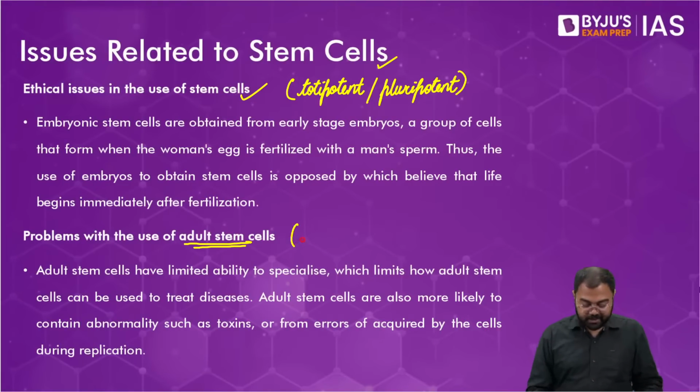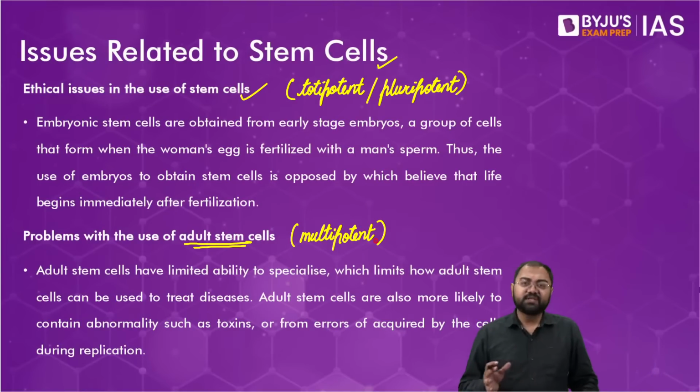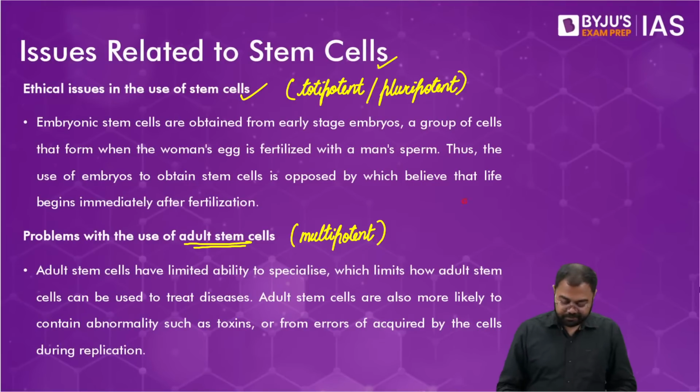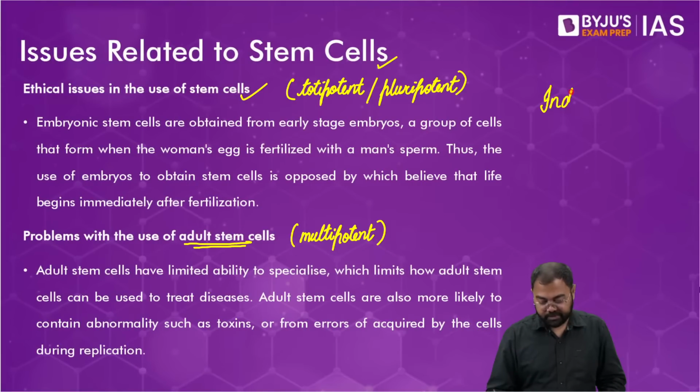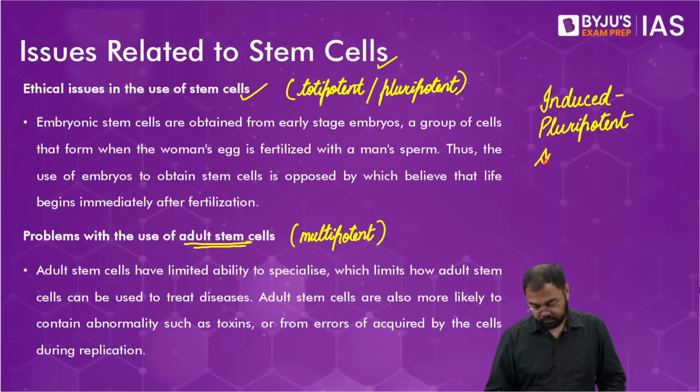So that's why there is a problem here. That is where we see that this is a problem with the multipotent cells, that they have a limited ability to specialize. And now there is a way out, something which is called induced pluripotent stem cell.